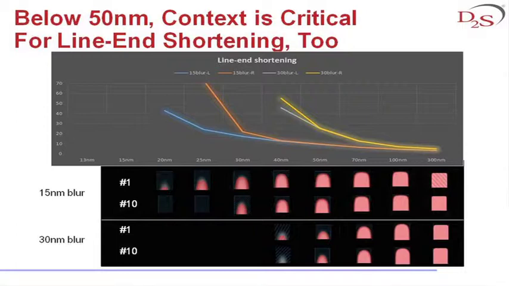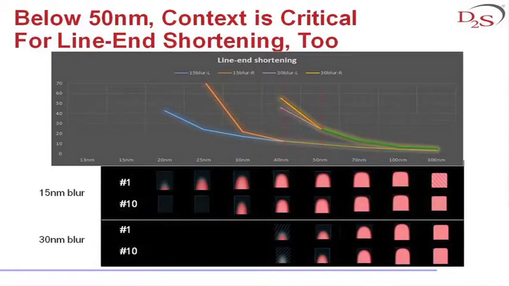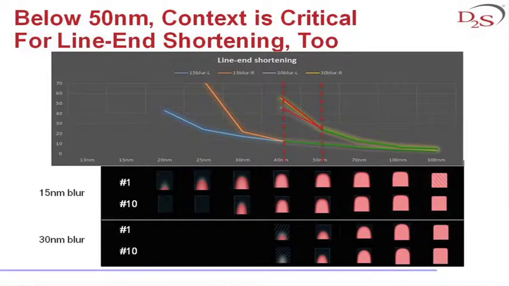The top set of lines are showing how context sensitivity, that is the difference between the leftmost line and the rightmost line in terms of line end shortening, happens below 50 nanometer. The bottom pair of lines is showing that if you use a 50 nanometer blur, then the divergence visually starts at 40 nanometer.